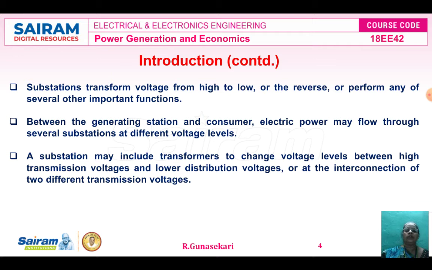A substation includes transformers. Why is the transformer used in the substation? To change the voltage level between high transmission voltages and lower distribution voltages. On the distribution side the voltage is lower compared to the transmission side, or at the interconnection of two different transmission voltages. For this purpose only, substations are used.